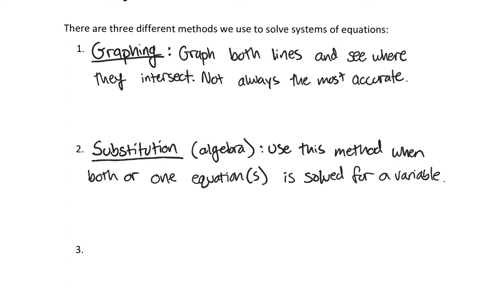If I give you a system of equations that looks like the following, notice I have two equations, yet this top one looks different than the bottom one. The top equation is solved for a variable. What do I mean when I say it's solved for a variable? Notice that x is all by itself, and there's nothing next to the x. It says x equals. So this equation right here is solved for x.